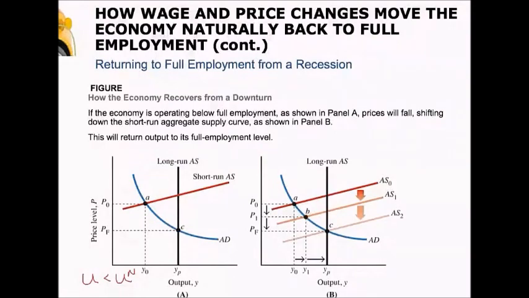And that's going to continue until actual output equals potential output. So this is the automatic adjustment to the long run equilibrium, where output equals potential output, employment equals full employment, and the unemployment rate equals the natural rate of unemployment. So this is how an economy recovers from a downturn on its own.